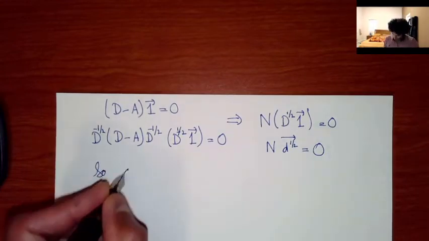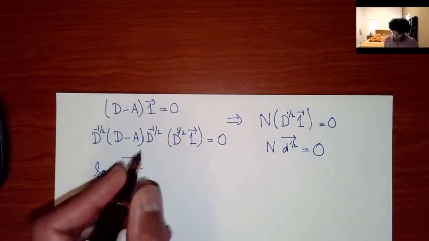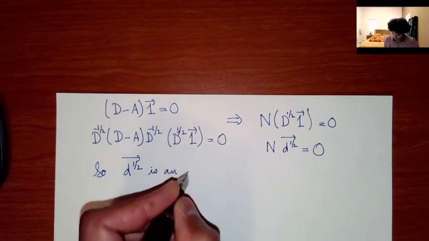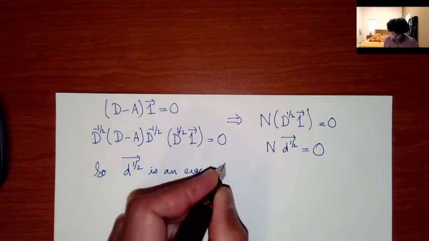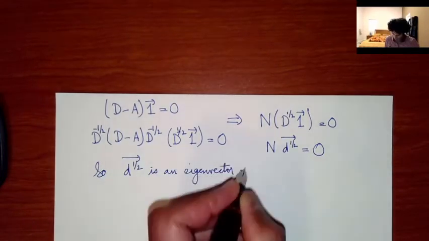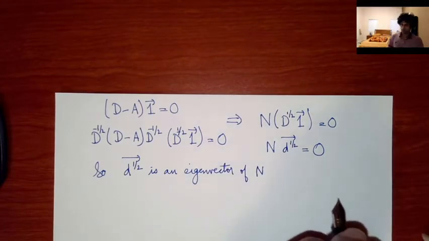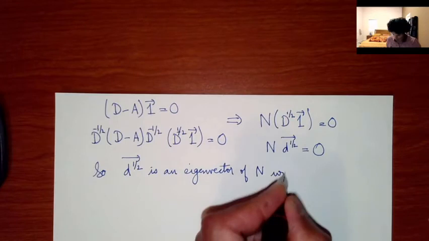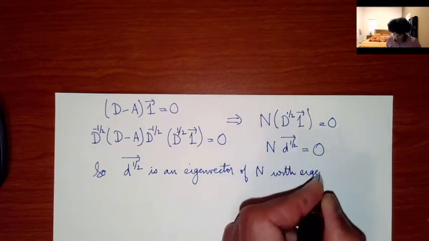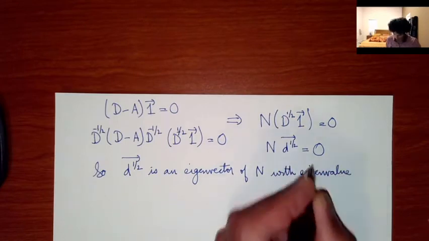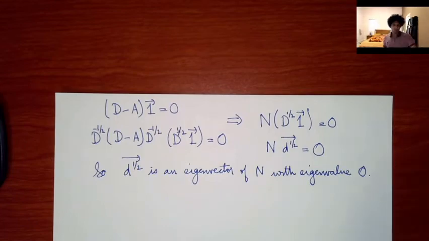So this vector is an eigenvector of N with eigenvalue 0.